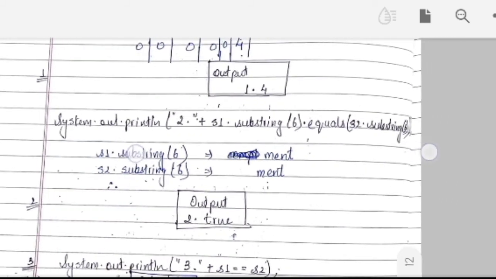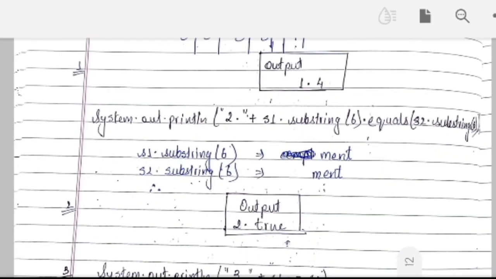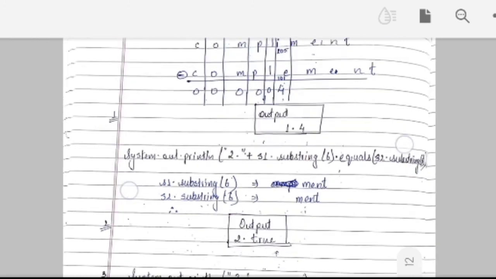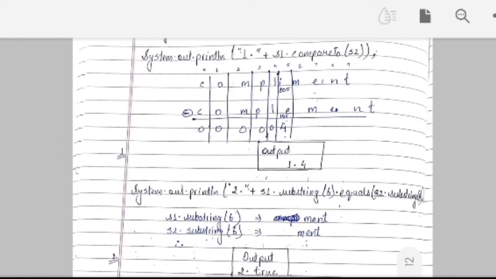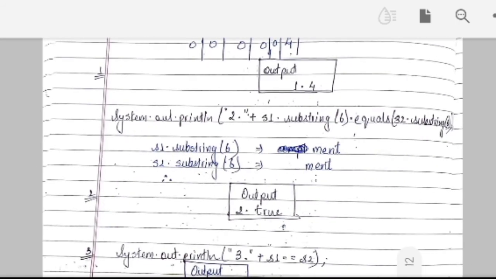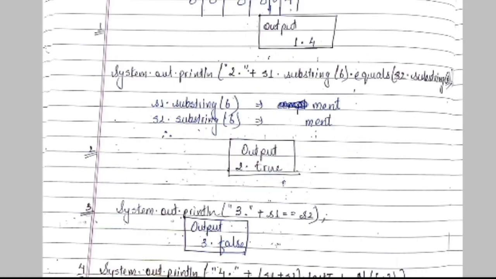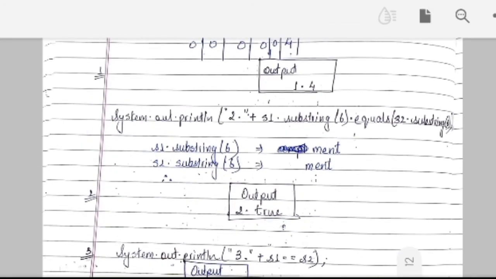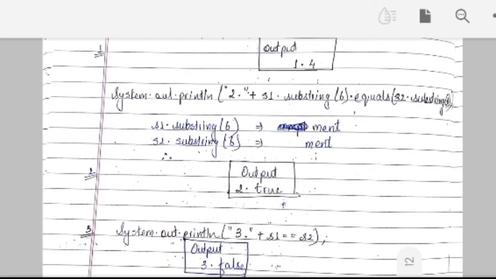Likewise, here we can see that in the substring 6 is written, and therefore we know that the index is 6 and the rest of complement is ment. Therefore s1.substring(6) will be ment, and s2.substring(6) will also be ment. And here the equals function compares whether the two strings' contents are equal or not. Therefore, both the contents are equal and the second output will be true.